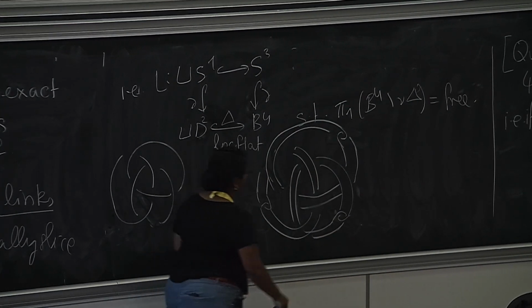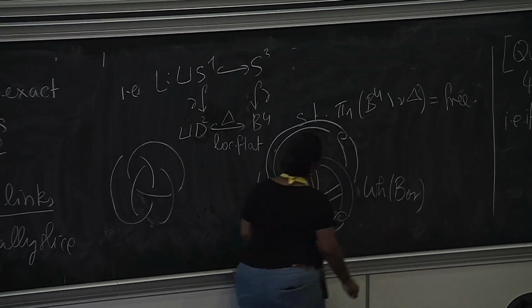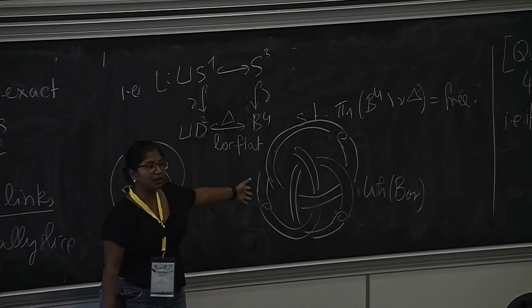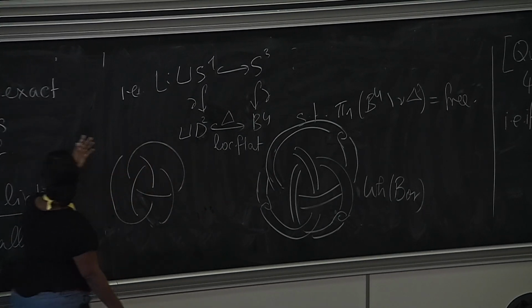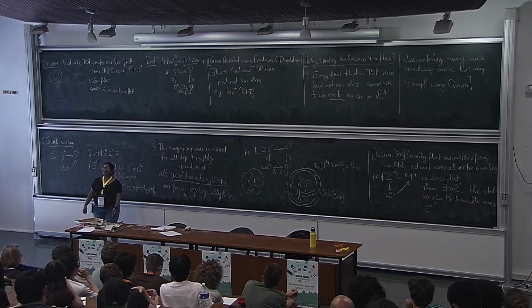That is the Whitehead double of the Borromean rings. Prove this is topologically sliced. That implies the sequence is not exact. Thank you for your patience.